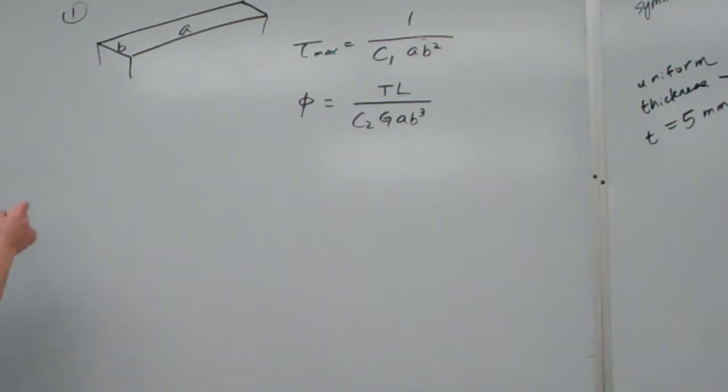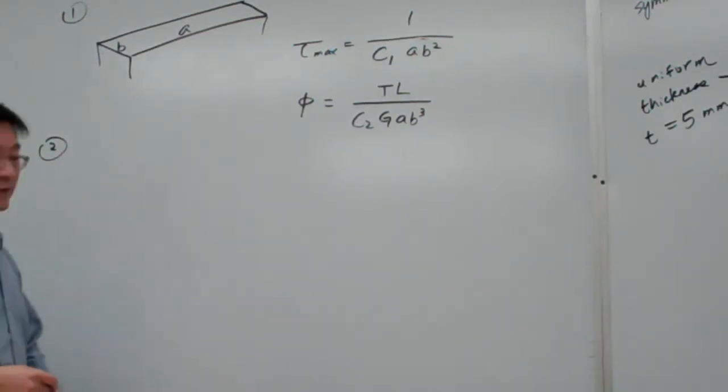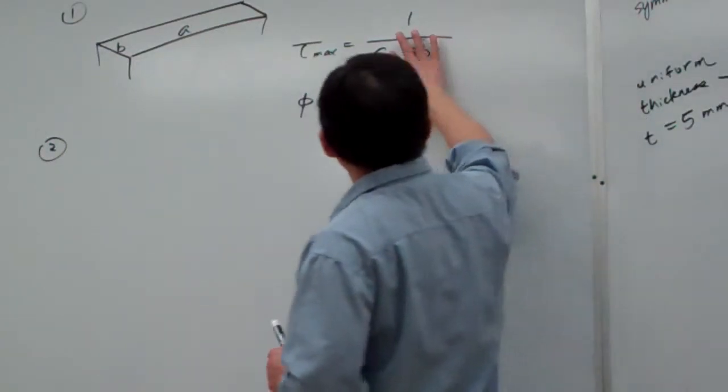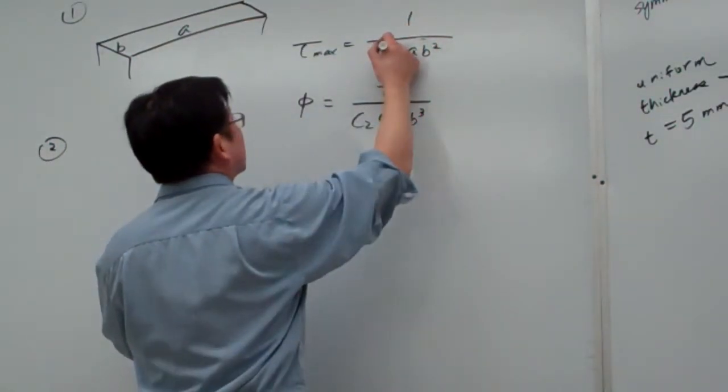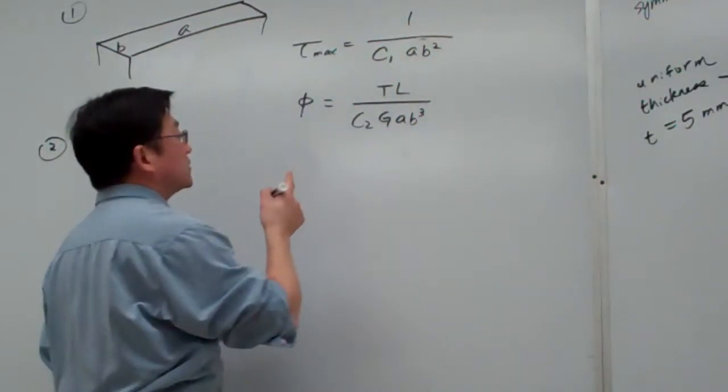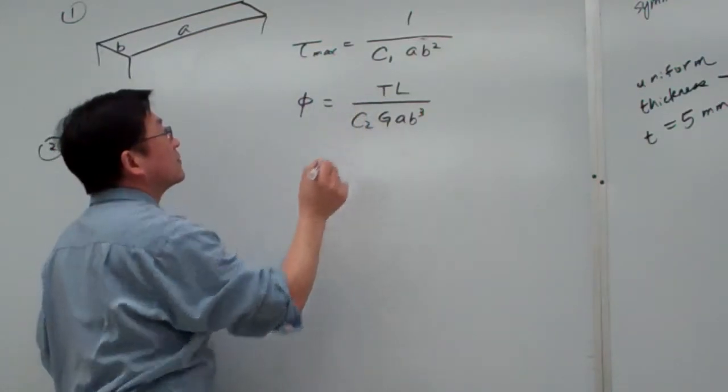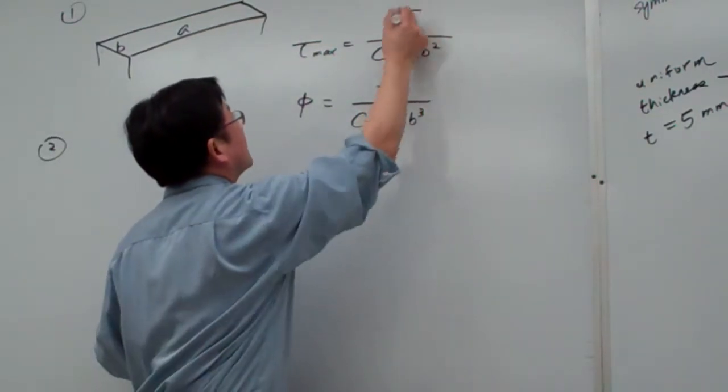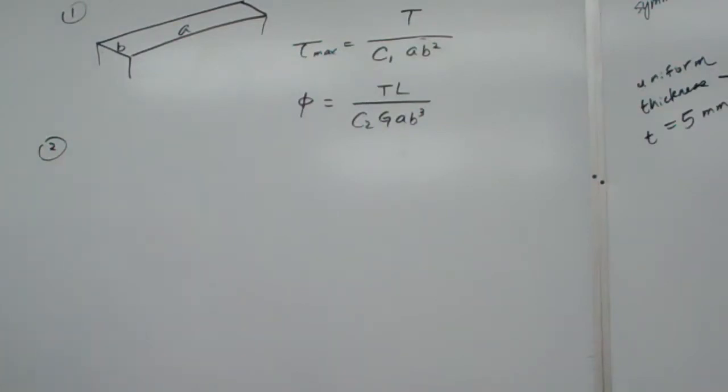Kind of give you summaries, and we can do some reflection. Is it 1 or T over C1? T over C1. No, C1 had 1 over... on top. Oh, thank you. And C1, C2 are from the tables.